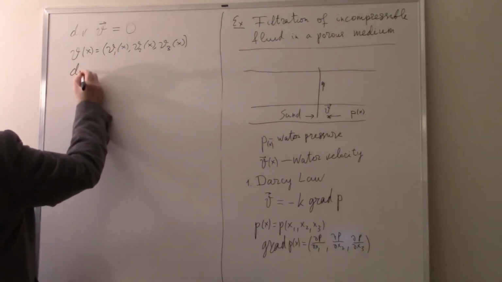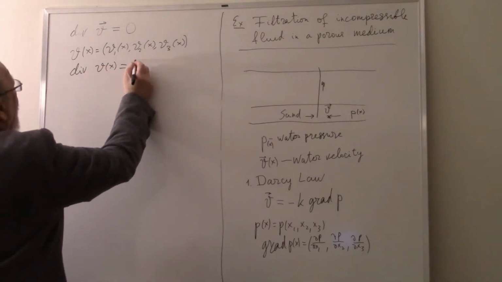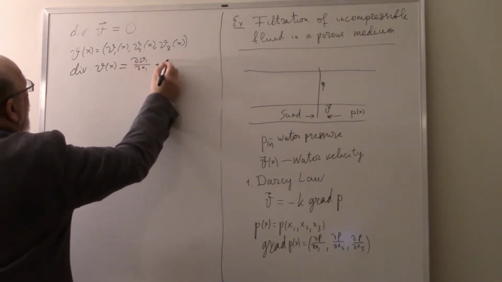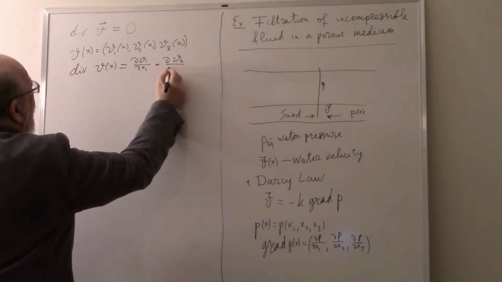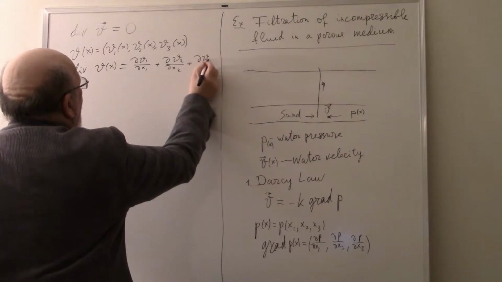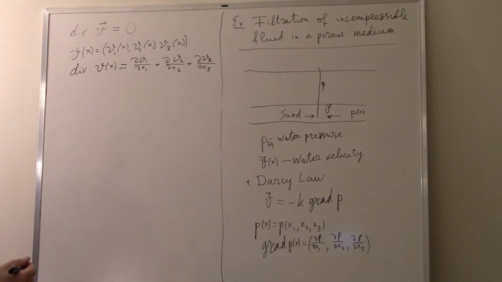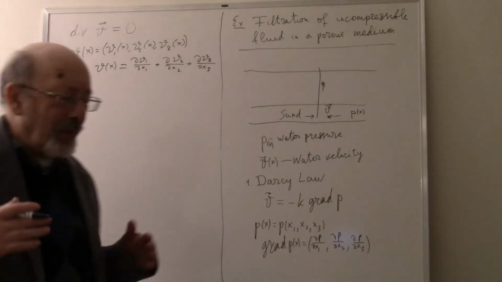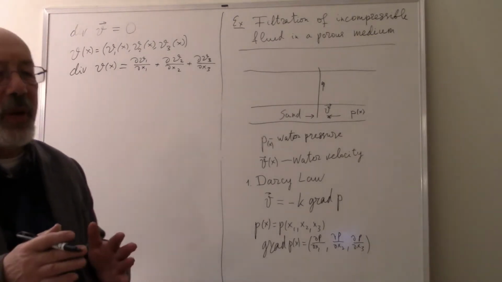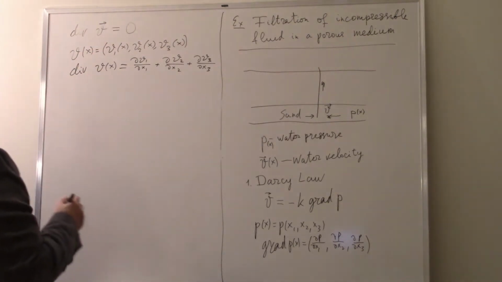And divergence V of x equals dV1/dx1 plus dV2/dx2 plus dV3/dx3. This is called divergence. And if the velocity field is incompressible, if the fluid is incompressible, then divergence is 0.